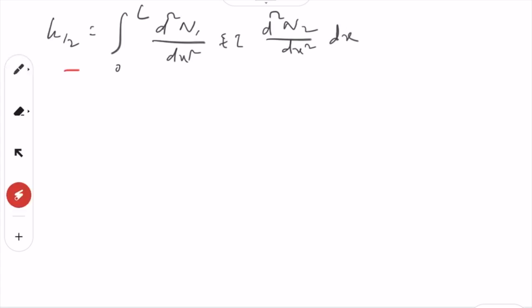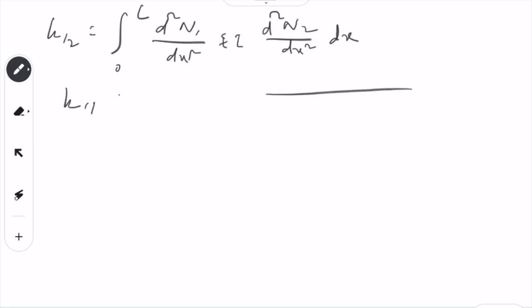Either you can use this one, or there is another way where you apply the mechanics, the direct stiffness method that we looked at initially. So in this case, what is the meaning of K11?